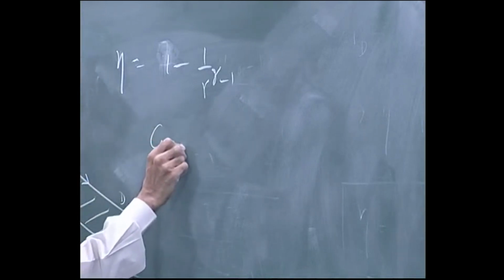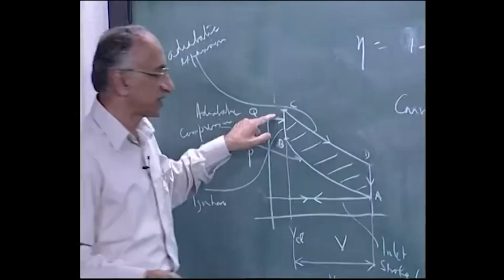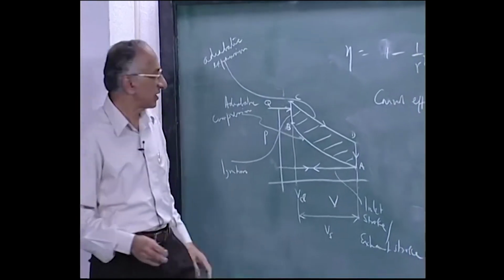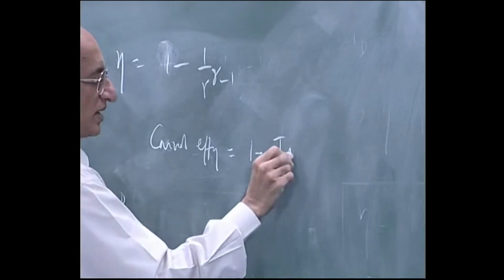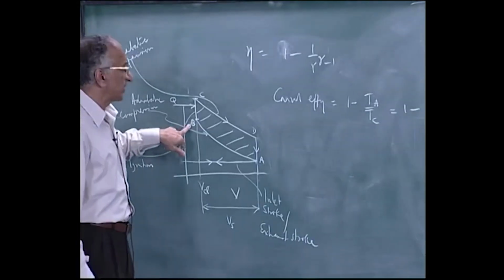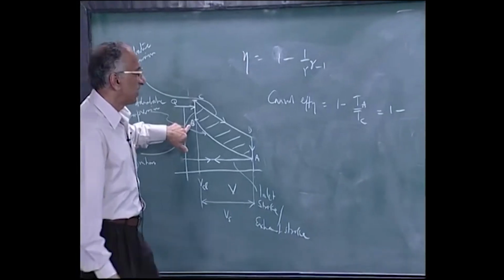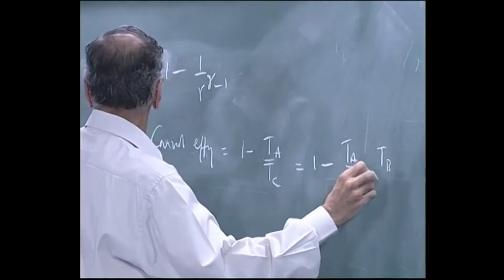The Carnot efficiency: you have to take the highest temperature as the source and the lowest temperature as the sink, so the equivalent Carnot efficiency will be 1 minus Ta by Tc. So do you have an expression for Ta by Tc? 1 minus Ta by Tc would be written as Ta by Tb into Tb by Tc.